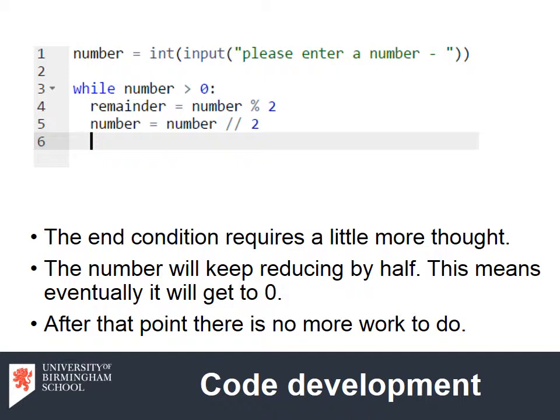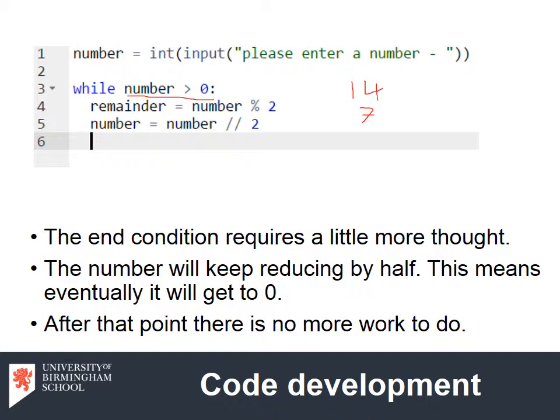So here's the end condition that I'm going to be using. Now the number will keep reducing by half, which means eventually we'll get 0. So if I divide a number by 2, it's going to get smaller. Let's say I start off with a number, let's say the number is 14. If I divide 14 by 2, I'm going to get 7.